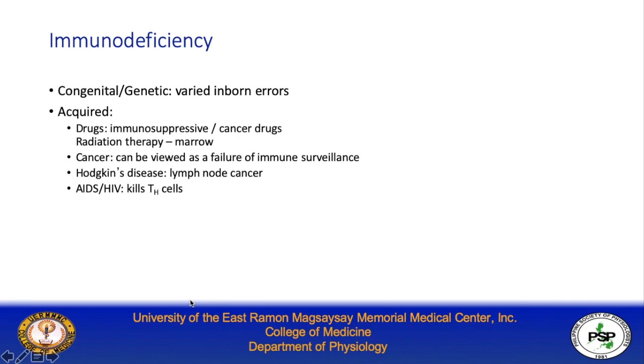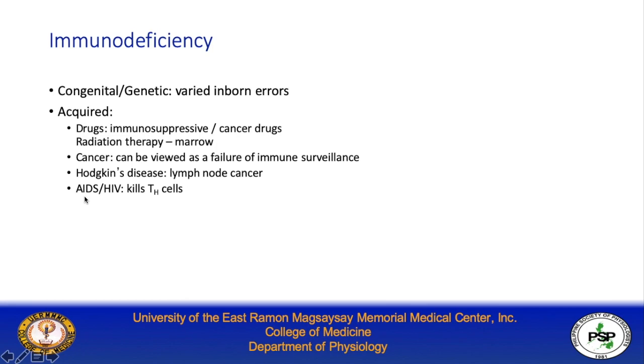Of this, take note of cancer, because there is failure of the immune surveillance, meaning to say the cancer cells can evade the surveillance done by the immune cells. They can hide from these immune cells. Another thing is HIV/AIDS, which primarily affects the CD4 positive cells.